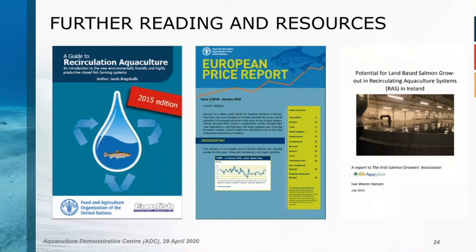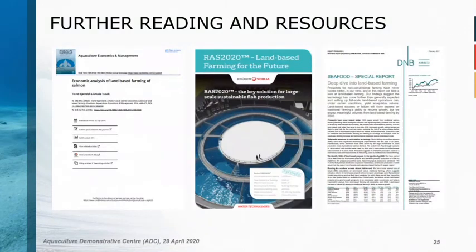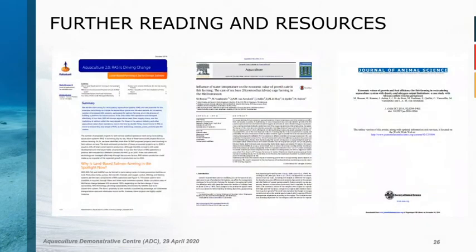And there's another economic analysis of land-based farming of salmon, which is a very new paper. There's a CTC tech paper. There are financial reports of another salmon company from Norway, I suppose. And also from Rabobank, a basic market trends and prices evaluation.